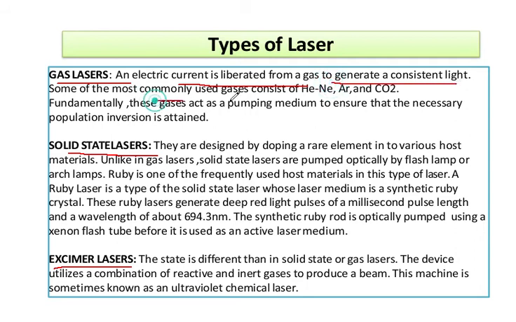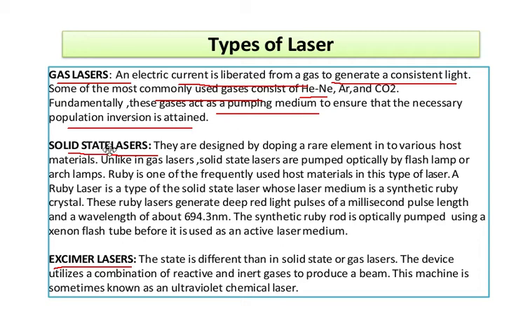The most commonly used gases are helium, argon and carbon dioxide. Fundamentally, these gases act as a pumping medium to ensure that the necessary population inversion is attained, which I told you about in the beginning. So we need a gas to pump the medium.